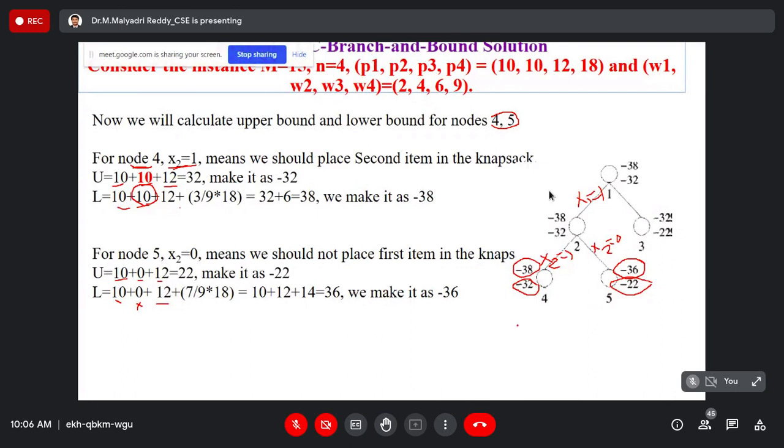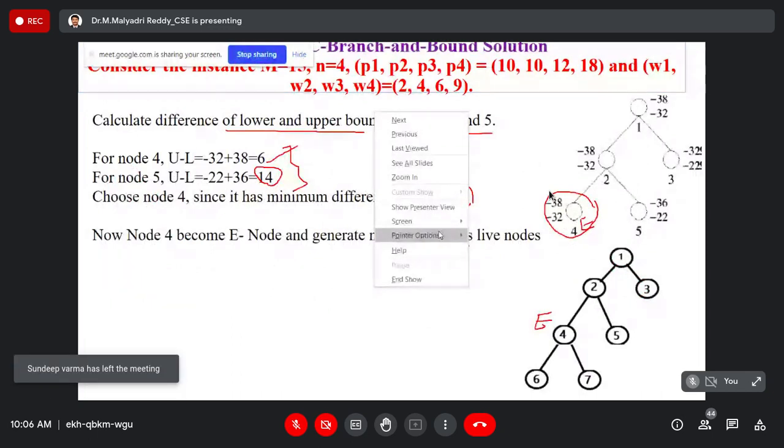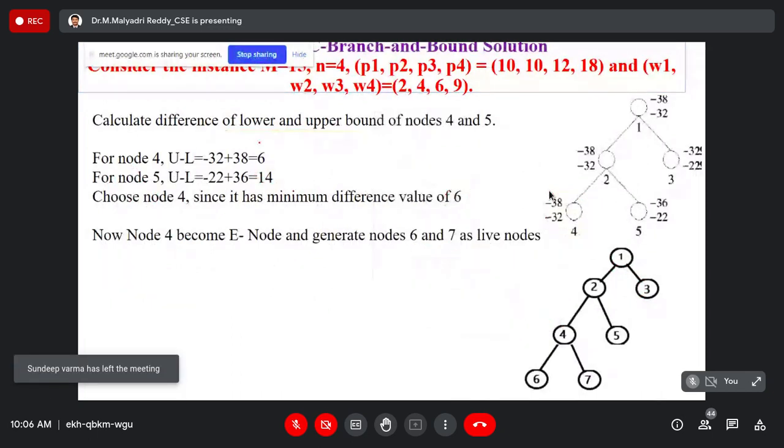From these 2 live nodes, which one do I have to select? Again I have to calculate the differences of lower and upper boundary of the live nodes. Minus 32 for this.